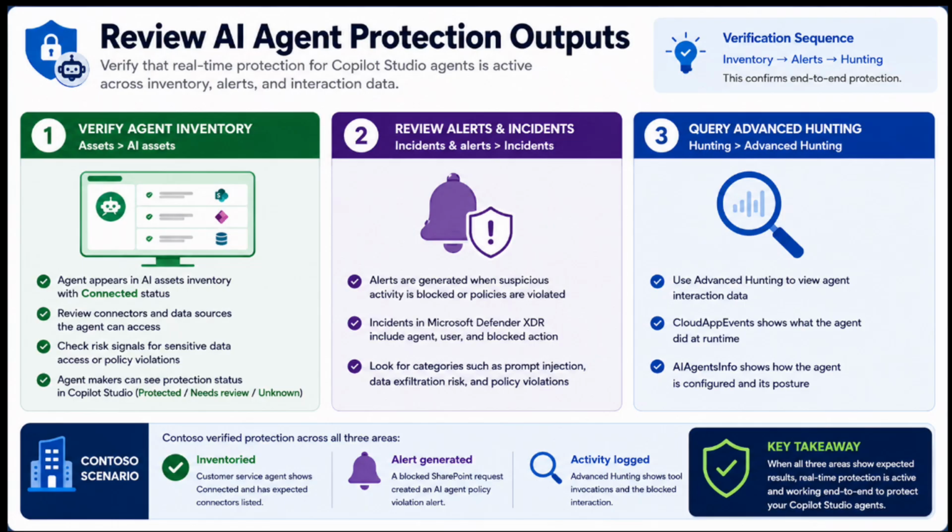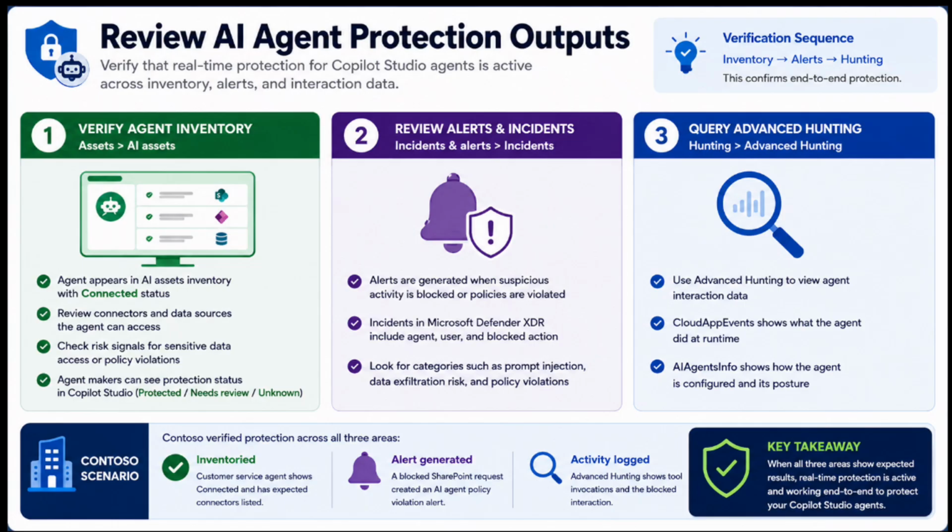Together, this confirms that agents are being discovered, that threats are generating alerts, and that runtime activity is available for investigations. In assets and AI agents, as we saw there, verify that the Copilot Studio agent appears and shows a connected status.